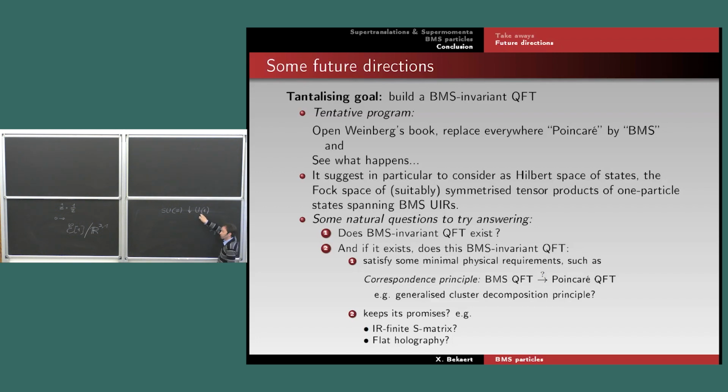So I assume I have my supermomentum like this. Then the branching rule tells you to branch the Poincaré little group to the BMS little group, and this will tell you what all the decompositions are when you branch BMS to Lorentz.